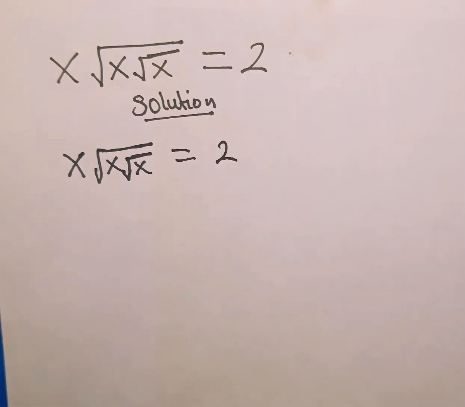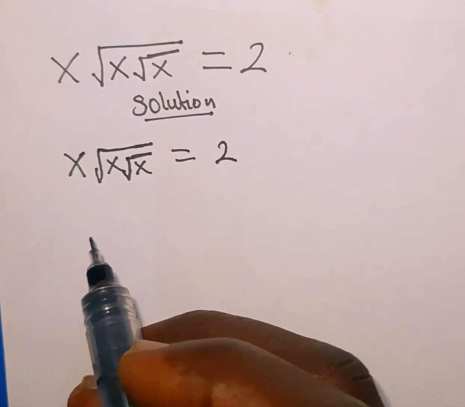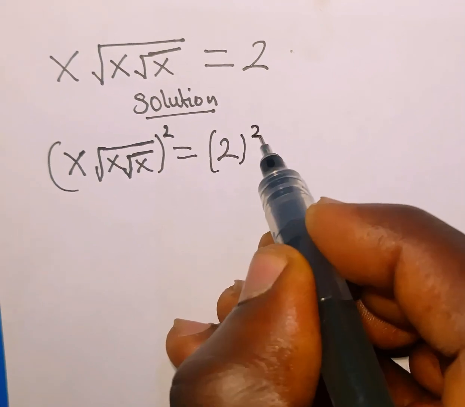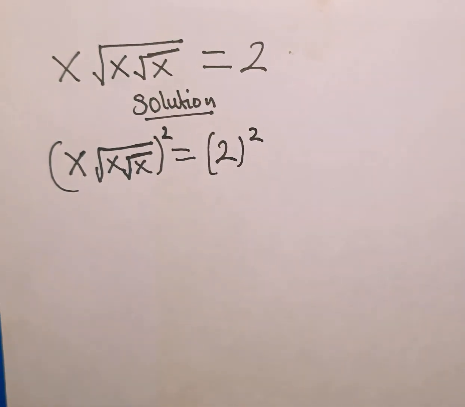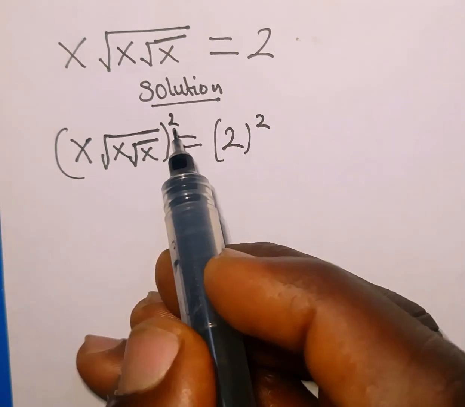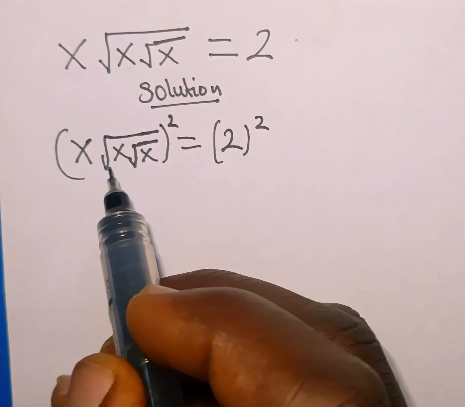The first thing we're going to do is to remove this square root by taking the square of both sides. So we take the square of the left hand side and also the square of the right hand side, because in an equation, anything you do to one side, you must also do to the second side, so that this square is going to affect all the terms in this bracket.